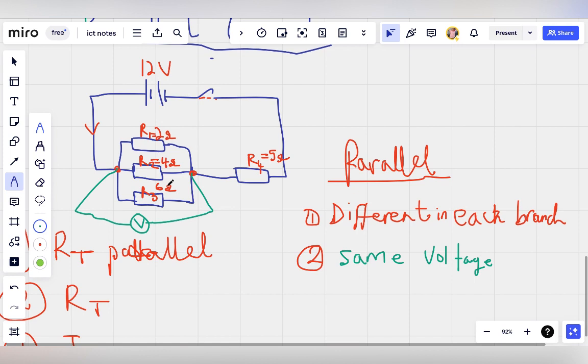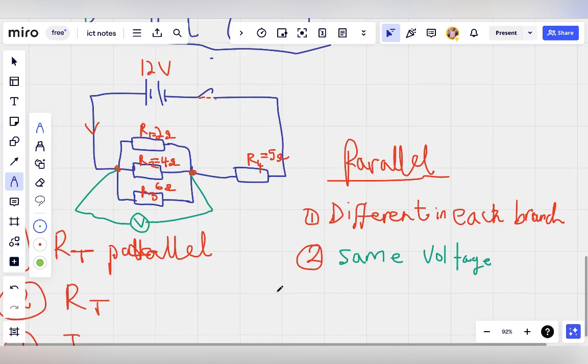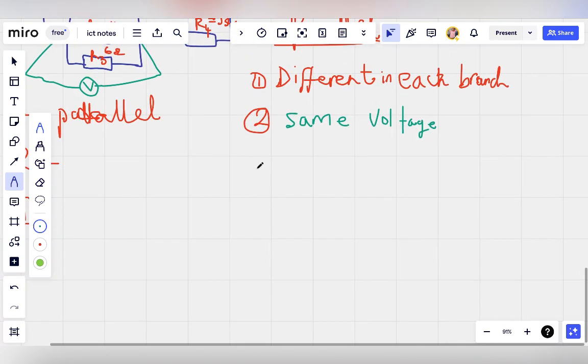Then number 3: how do you calculate the total resistance in parallel? We say 1 all over R total is equal to 1 all over R1 plus 1 all over R2 plus 1 all over R3.